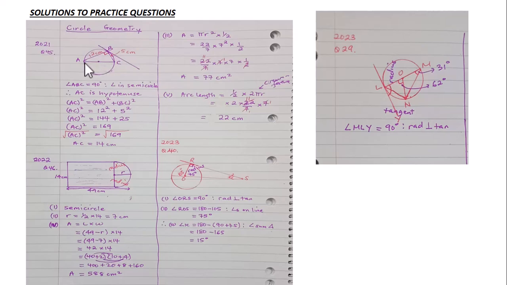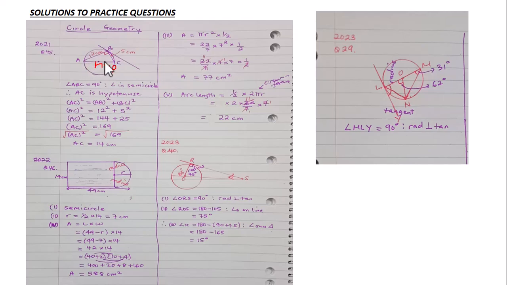Okay, from the circle theorem of semicircle, where an angle formed inside a semicircle is 90, we use this property to show us that the triangle ABC is a nice right angle triangle. And so this side, which is opposite to the 90 degrees, is the hypotenuse. And so we use the Pythagoras theorem.